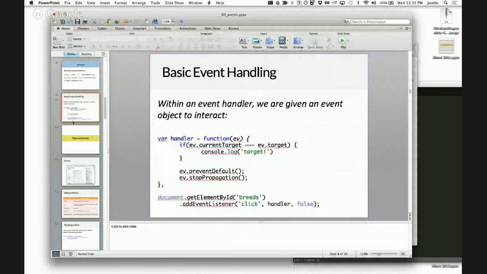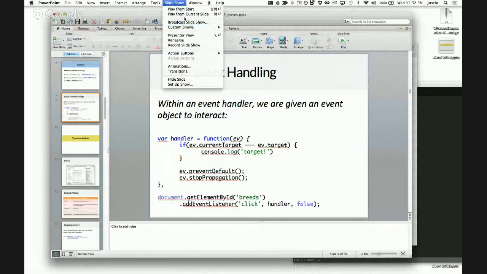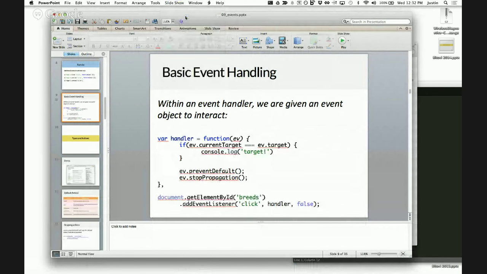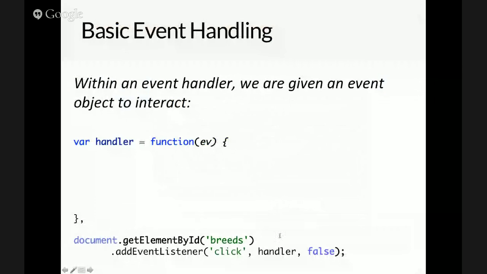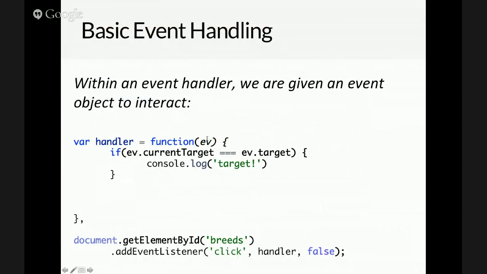Now we're going to talk about basics of event handling, which we kind of already mentioned a little bit. Your callback functions, your handlers, are called back with an event object that has a lot of useful information on it. What was the actual event that was interacted with?